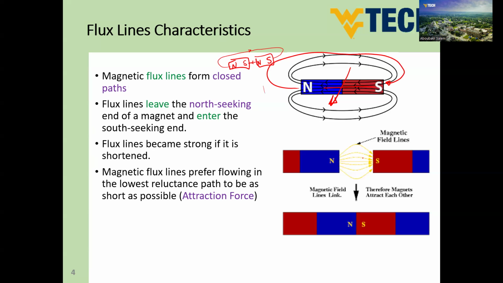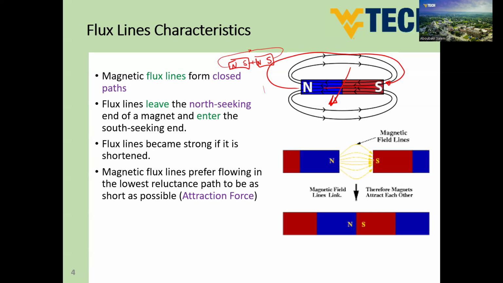So this is one feature. So it leads all of the time to reduce its path or select the lowest path. Another feature, guys, is if you have a small distance, the force between the two magnets will be strong, or the force will be higher.